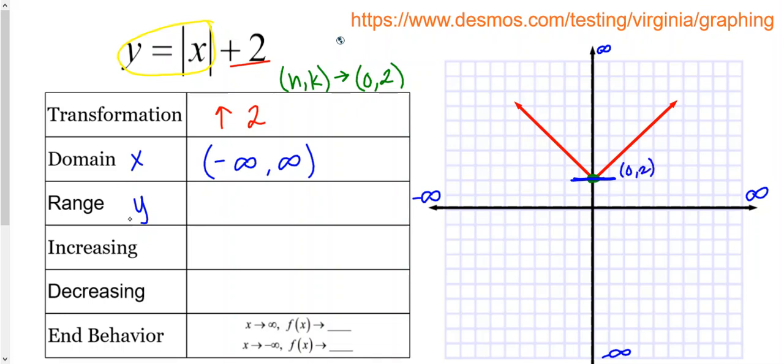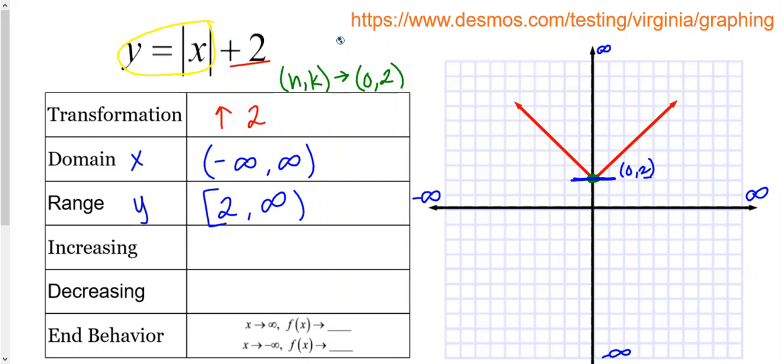But remember, for range, all we care about are the y values. So the farthest down this graph will go is 2. And the farthest up, because of the arrows, it's going to keep going to infinity. Now 2 is an actual number, so it gets a bracket. Infinity gets a parenthesis.